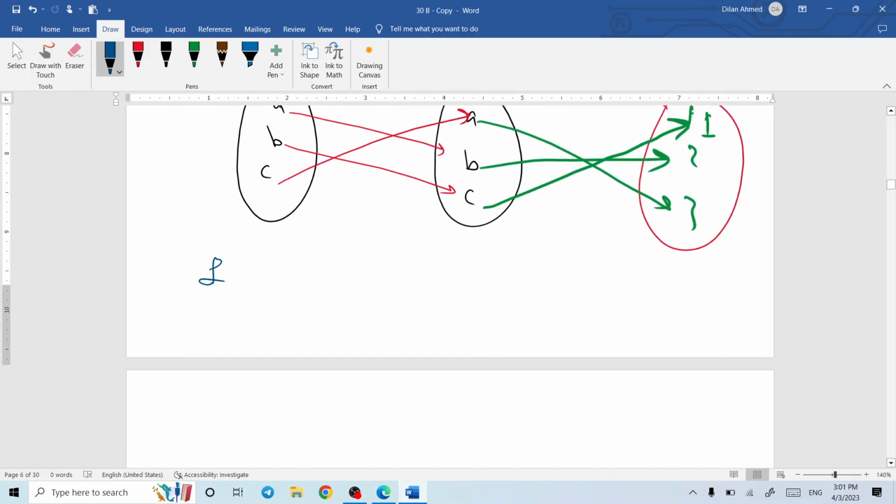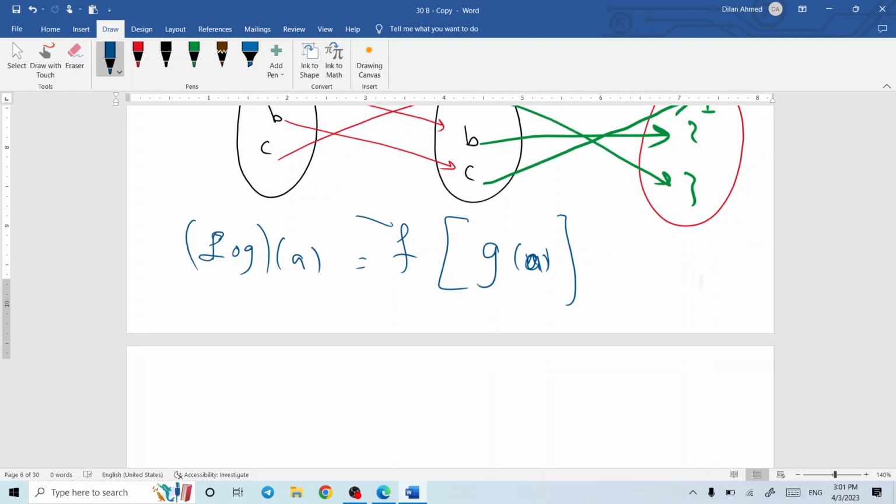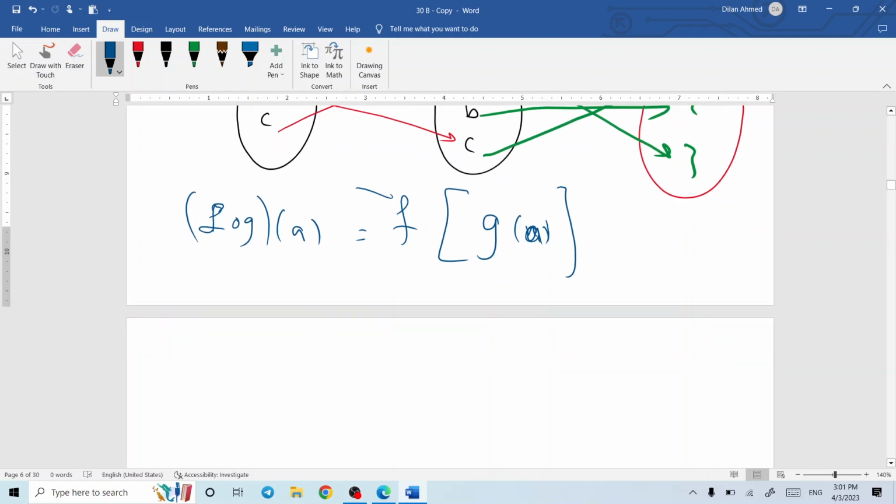F circle G of A. And how do we answer this? Look, at the beginning, if you remember, we have the box. We have F of a box, box of A. So this will be outside, that one will be inside. You got it, dear? Clear? Good.